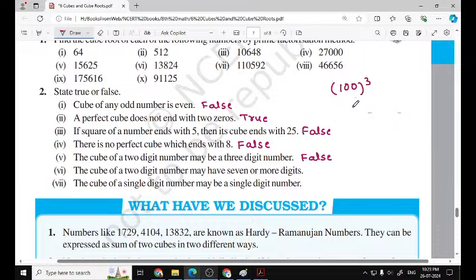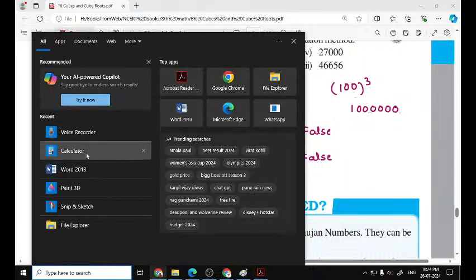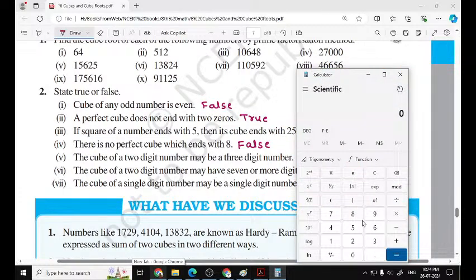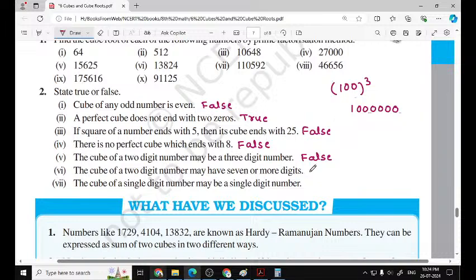Therefore, its cube will contain 6 zeros. So this is a 7-digit number: 1, 2, 3, 4, 5, 6, 7. And this is the smallest 7-digit number. So 99 cube will not have 7 or more digits. It will have less than 7 digits. Let us check this. It contains 6 digits. So this statement is false.